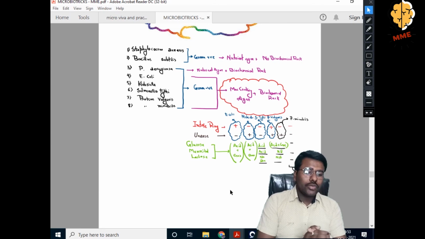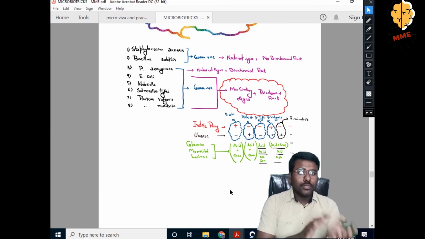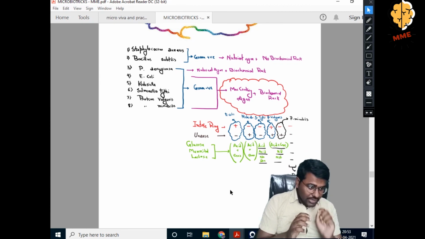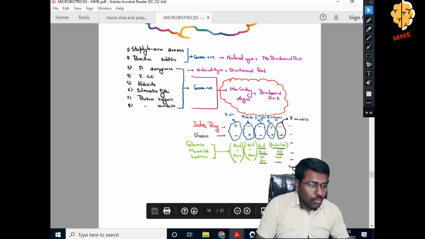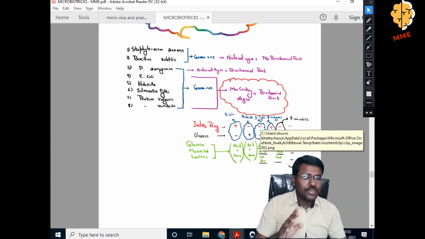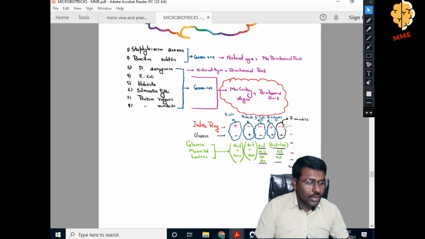Now coming to when they give you the MacConkey agar with biochemical rack, all of them are gram negative along with Pseudomonas aeruginosa, okay. Then just follow the indole and urease. First of all, if indole and urease are both negative, then this is Salmonella typhi, okay.